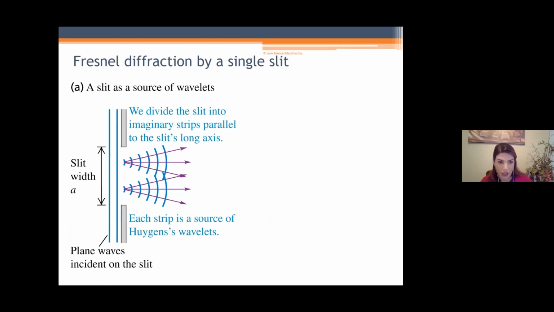Okay, now the figure that you see on the right shows two such strips. I just chose two of these strips. Now, the cylindrical secondary wavelets that you can see here are spread out from such strips.